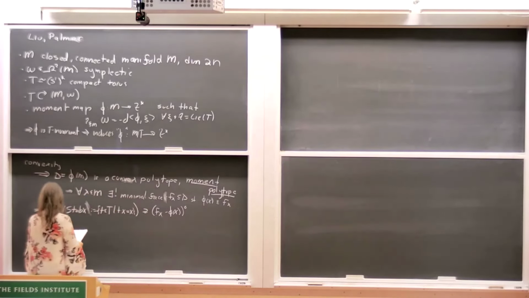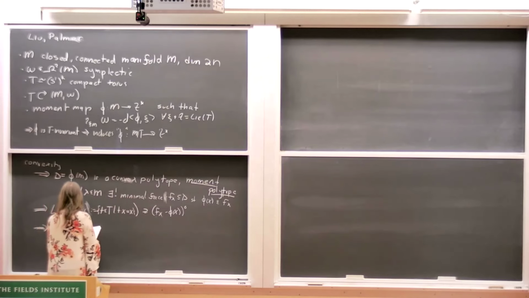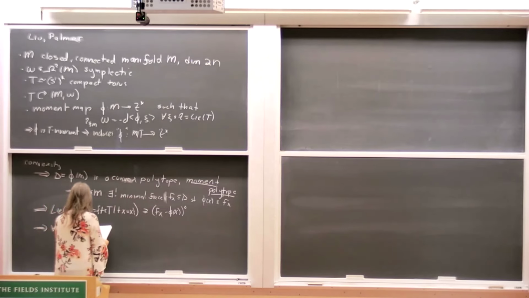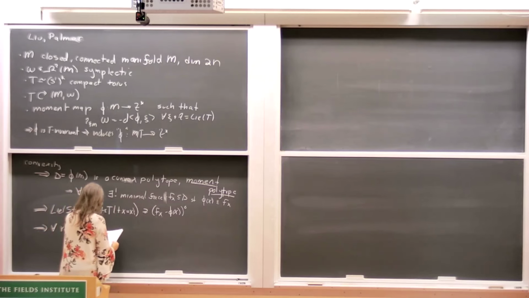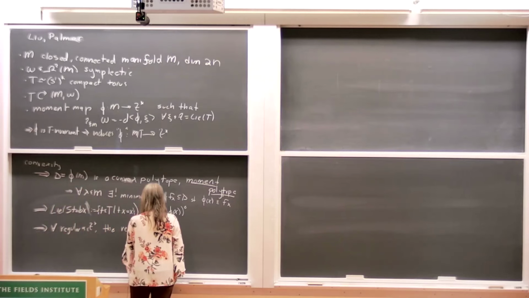And another thing that we get that's also important is that for all regular alpha in T star, we can define the reduced space.